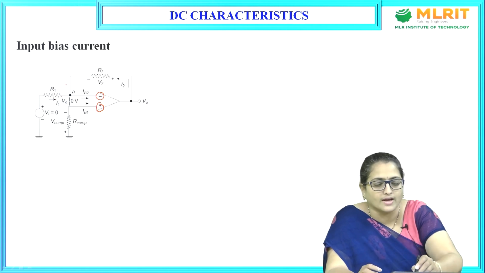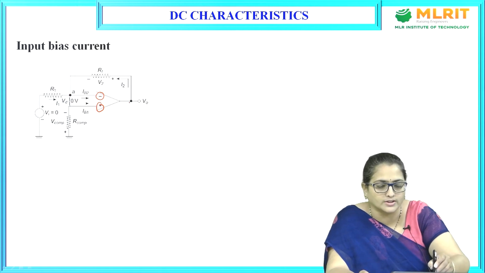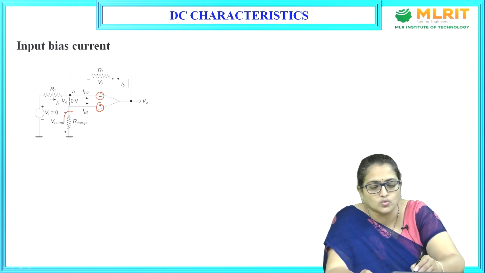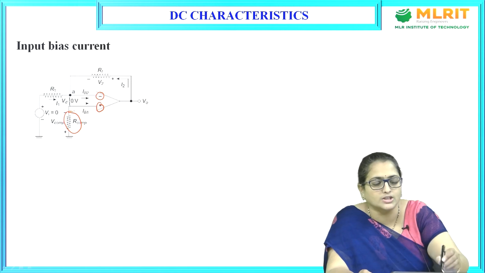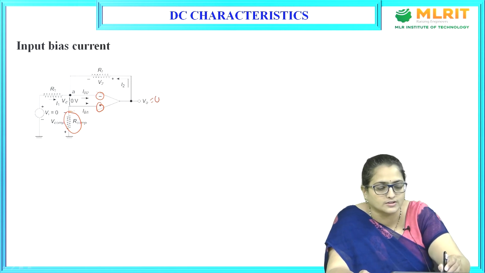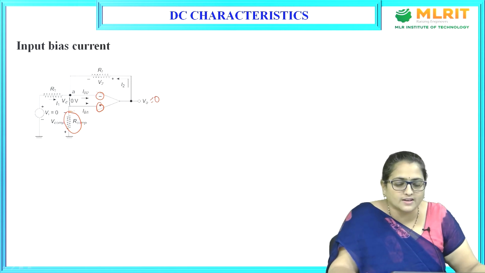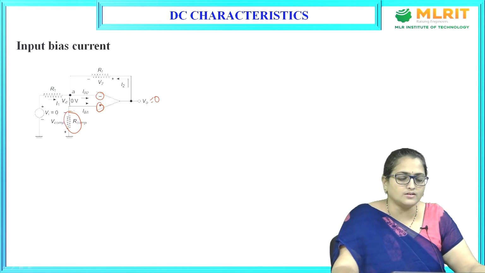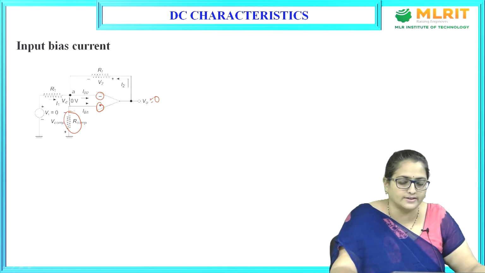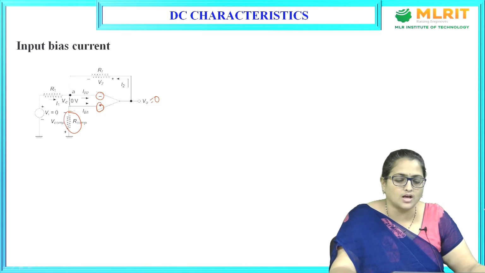And the feedback RF is connected from R1 towards the output voltage. So, you need to choose the proper R compensator to make your output voltage 0, that is, to nullify or cancel the offset. How do you need to choose the R compensator? What should be the value for R compensator?